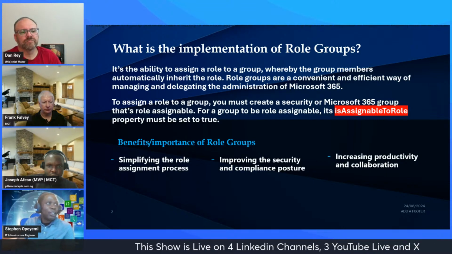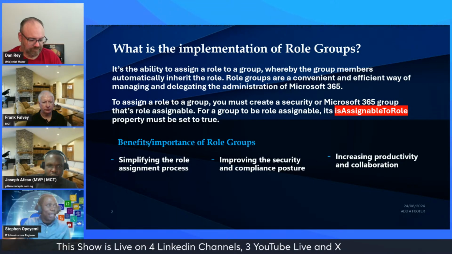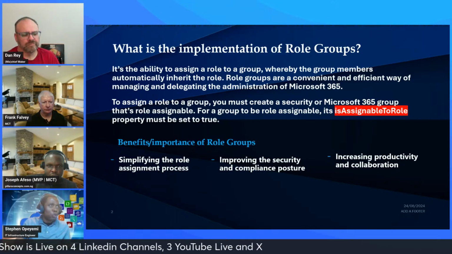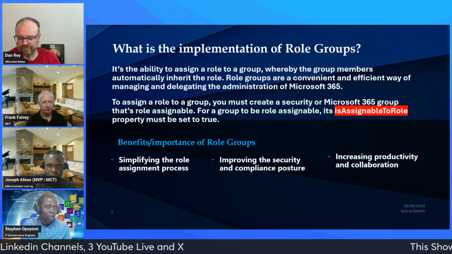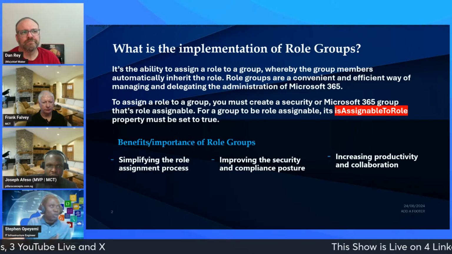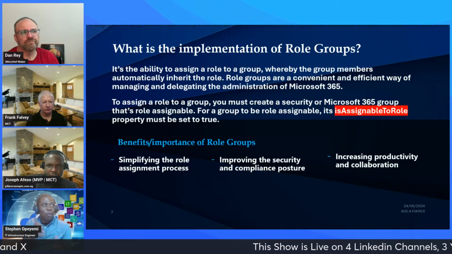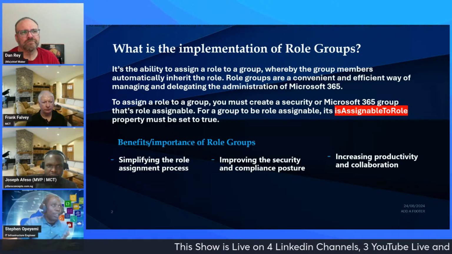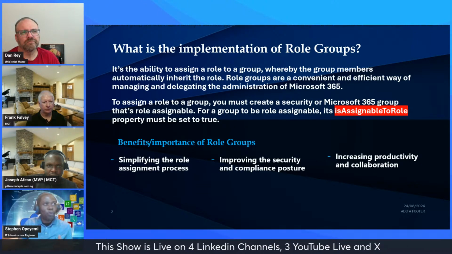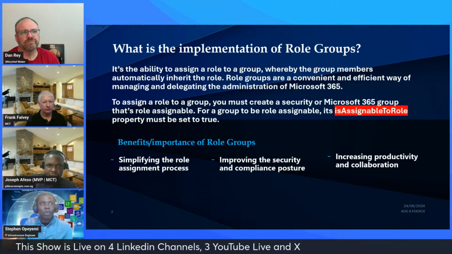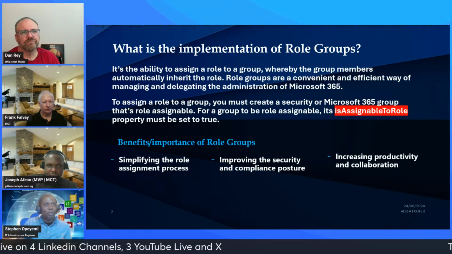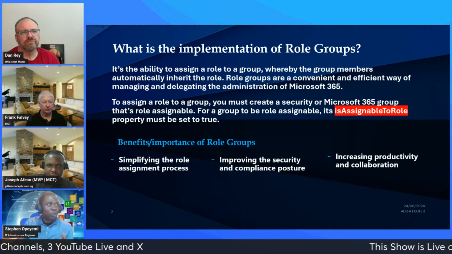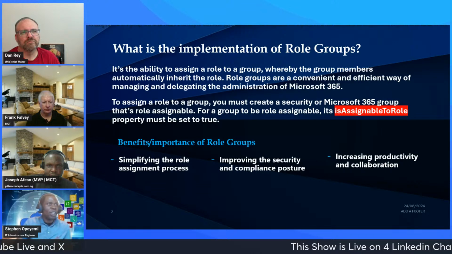You can see it now. It said that is role assignable. So which means that there are some groups you create that are just normal groups. You understand? It's not role assignable. So this particular group you are creating must be role assignable. For a group to be role assignable, the property will be set to that.